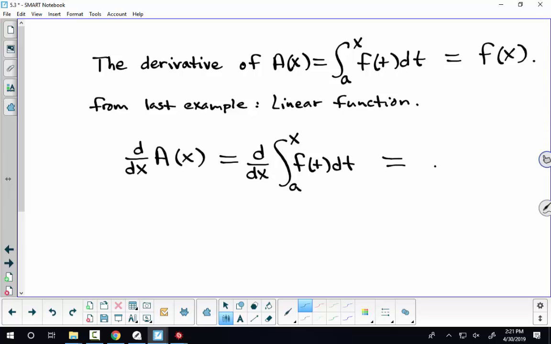But we said that was the same thing as just f of x. So what does that give us? If I know the derivative of the area function is f of x, then what is the area function? We know the derivative of the area function is f of x.